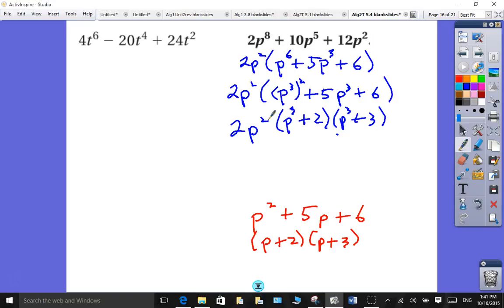P to the 3rd times p to the 3rd is p to the 6th. P to the 3rd times 3 is 3p to the 3rd. P to the 3rd times 2 is 2p to the 3rd. They add up to the 5p to the 3rd. So factor it like it's a quadratic. Just the first term's not going to be p. It's going to be something more than that. If you try to do that one, it's going to work out similarly, but not exactly the same.